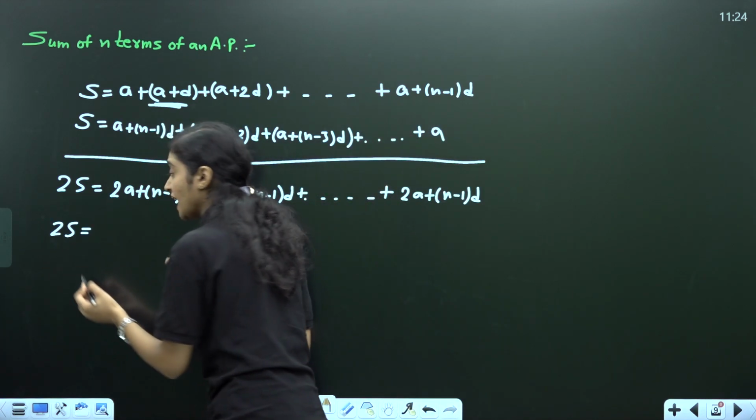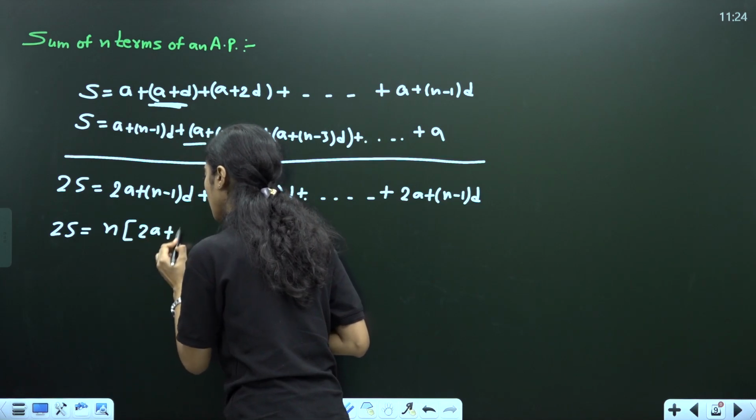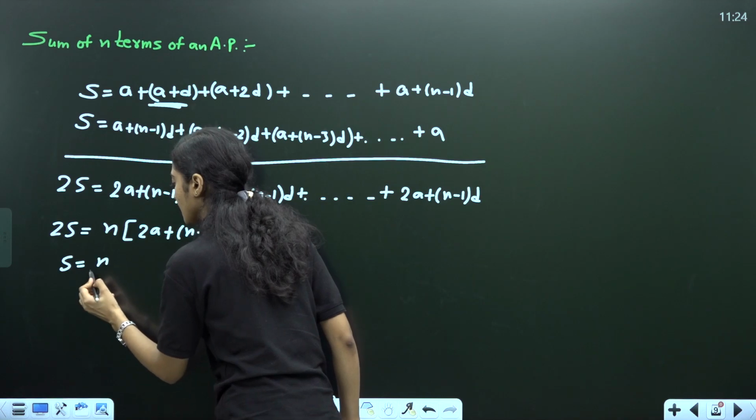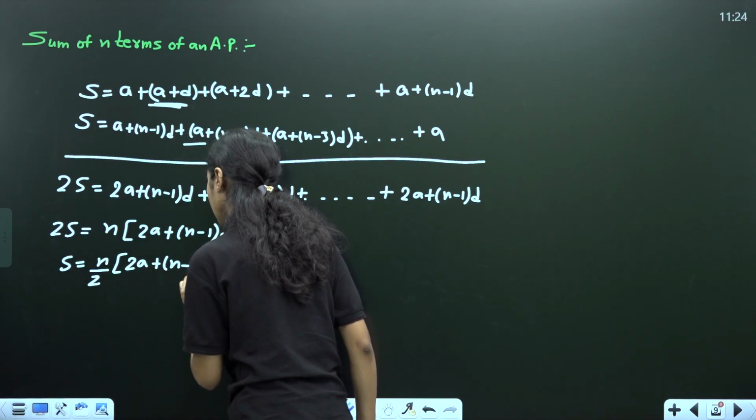This sum repeats n times, so S equals n by 2 times 2a plus n minus 1 d.